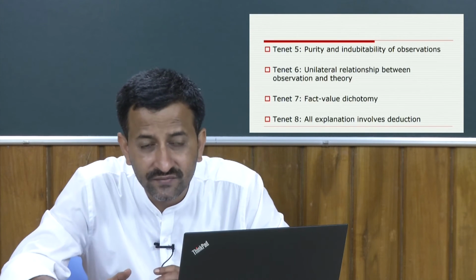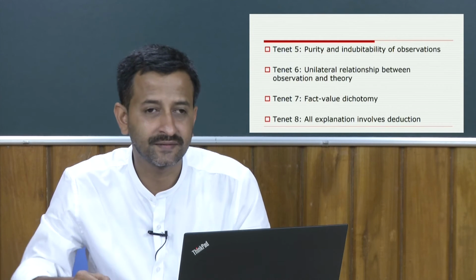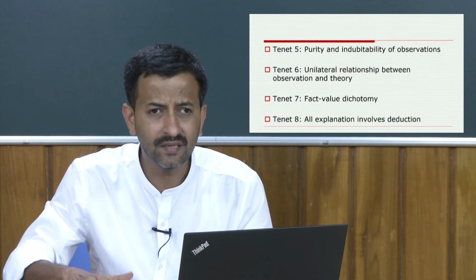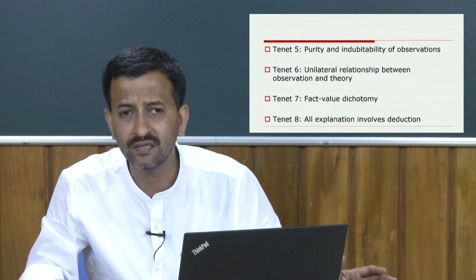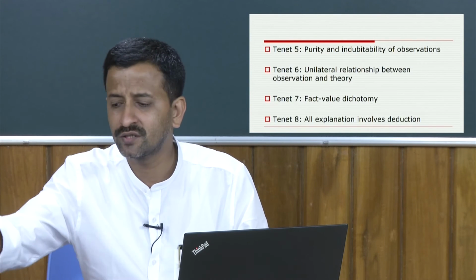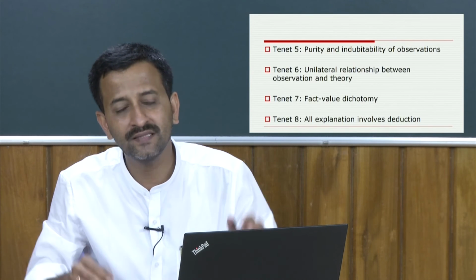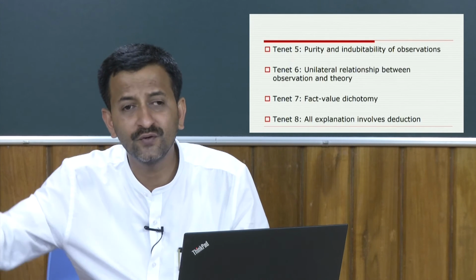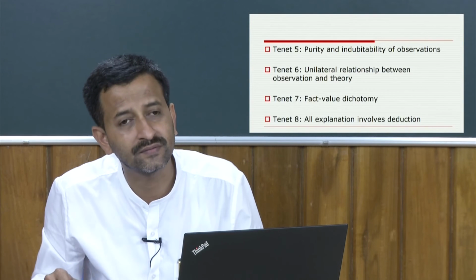Science in the positivistic schema always starts with factual content. This is a table, this is a laptop, this is a water bottle, this is my watch, these are all facts. But if I say my watch looks beautiful or ugly, science does not believe in this.